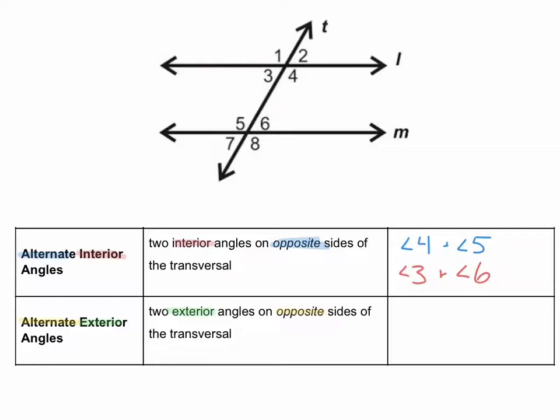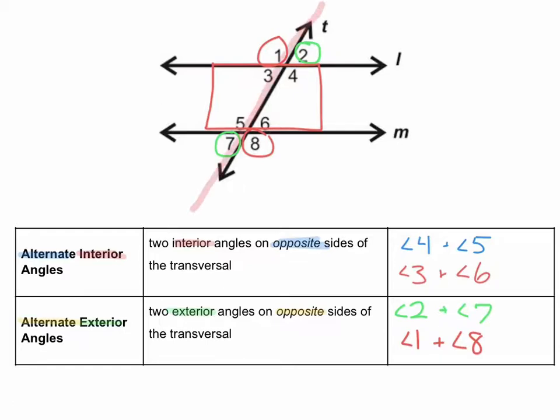So examples of this would be angle 2 and angle 7, and also angle 1 and angle 8. You can see both of those pairs are on the outside of that house we can form, and they are also on opposite sides of that transversal.